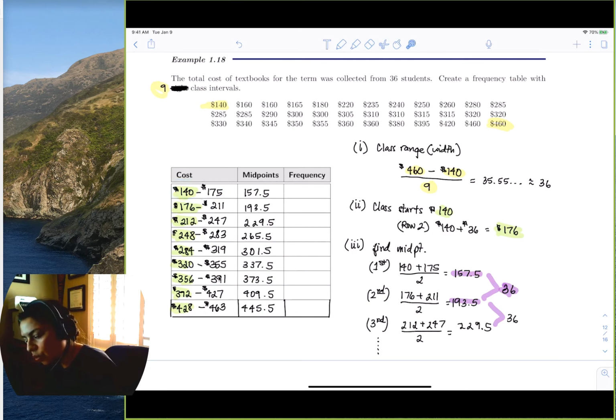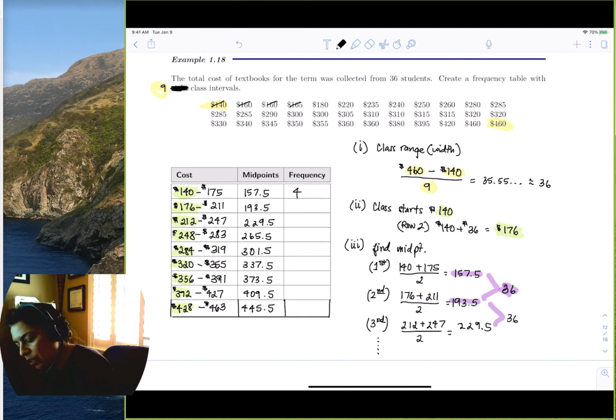Because these are already in order, notice it goes the lowest and then it goes higher. We'll see that we have 140 to 165, and 180 will belong in the next row. So we have 1, 2, 3, 4 in the first class.